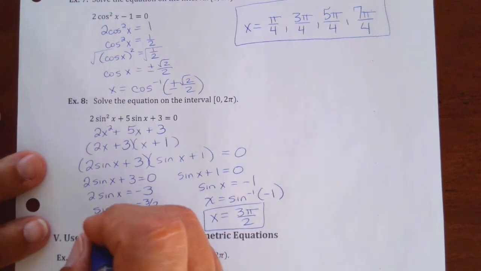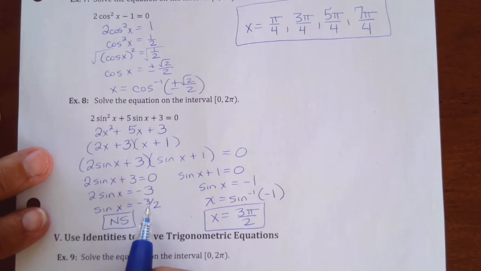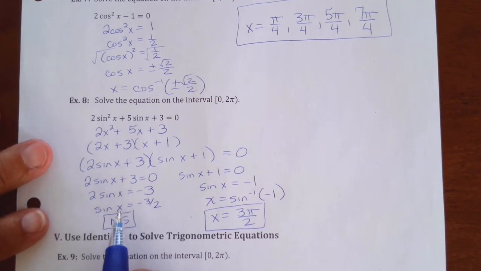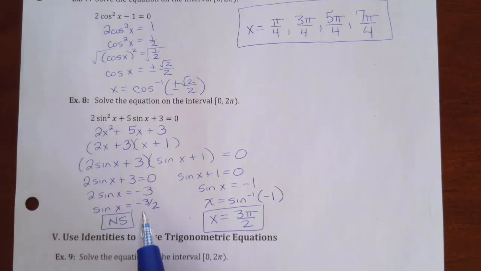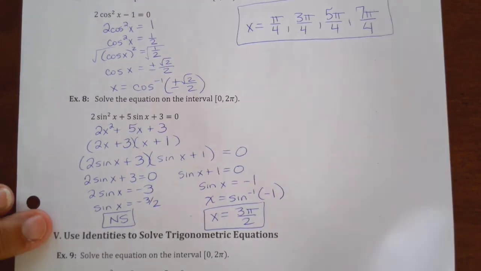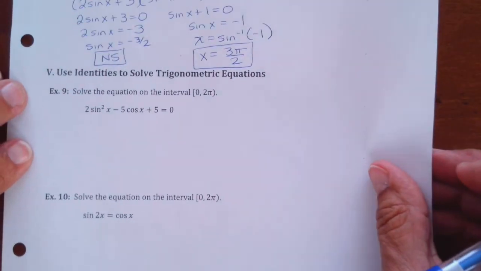Now I didn't take the inverse here. I skipped that step because I already saw that that was negative. I mean, you could have done x equals the inverse sine of negative 3 halves. But as soon as I saw this was smaller than negative 1, I knew there was no answer. Okay, remember your sine values, the range goes between negative 1 and 1, right? So that can't happen.